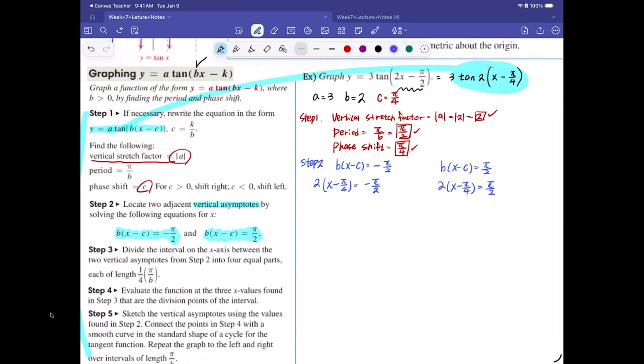So how do we solve for x? You have to distribute the 2, and then we're going to add pi over 2. So the 2x is going to be 0, so x is 0. So x is 0, that is one of the vertical asymptotes.